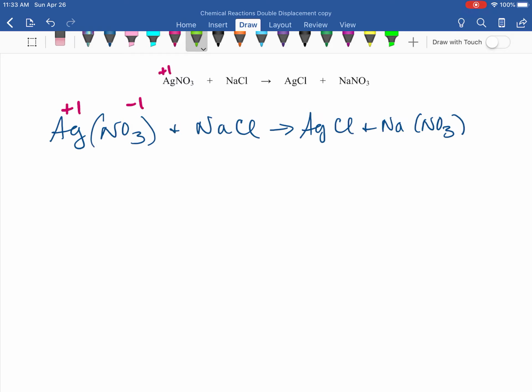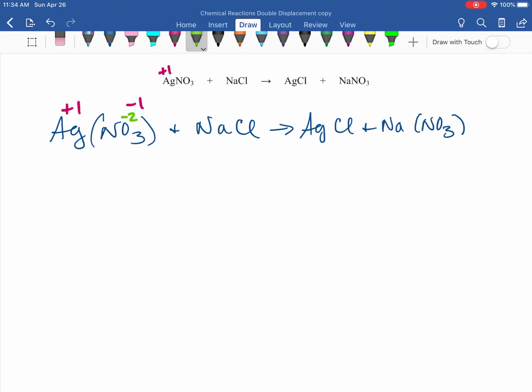Okay, there we go. All right, let's add some oxidation numbers. We'll start here with silver. It's going to be a +1. Our whole nitrate, find that on your common anions. We're definitely going to need that for this video. So our nitrate overall is a -1, but we've learned in a couple previous videos, we're not satisfied with just that. We also write out our oxidation numbers inside those common anions.